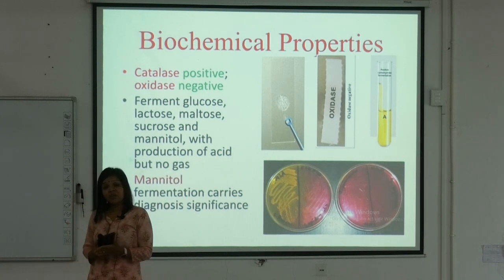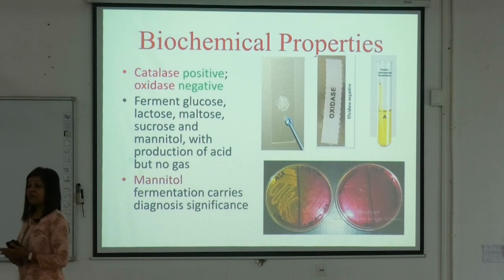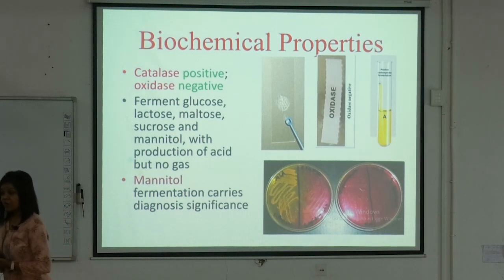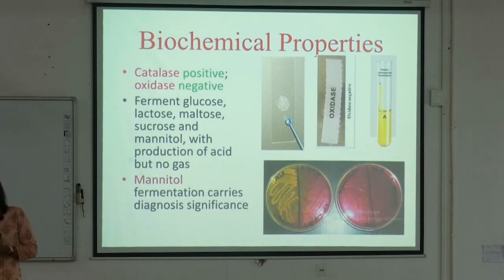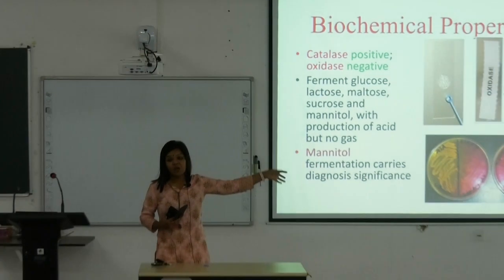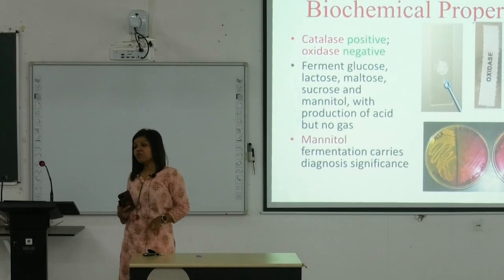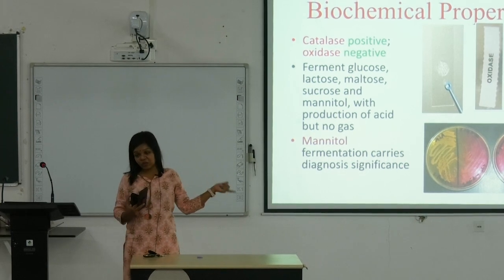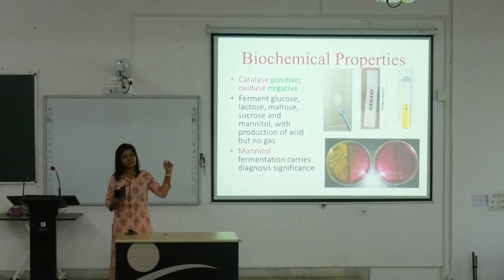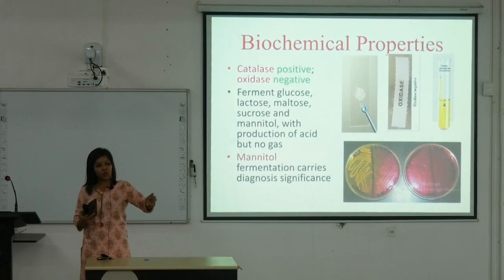The Staphylococcus ferments sugar and produces gas. The yellow color is due to a pH indicator. Once there is fermentation of a sugar, there is production of acid, so the color will change to yellow.